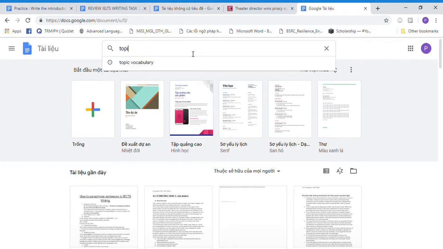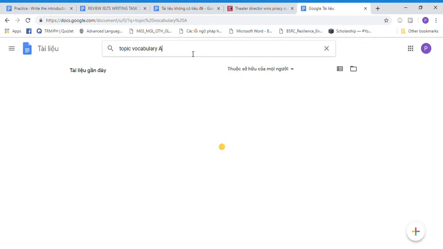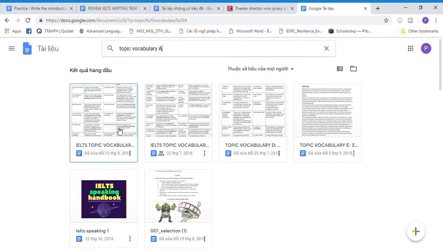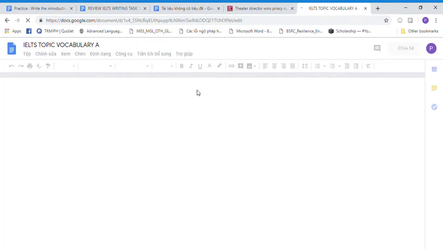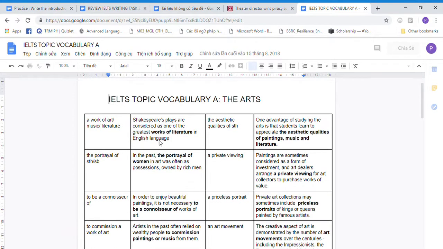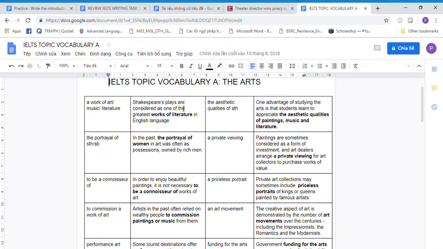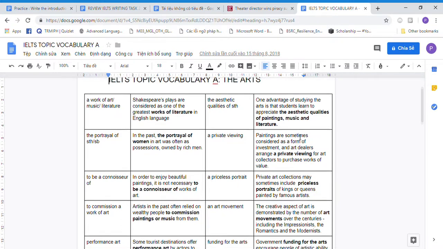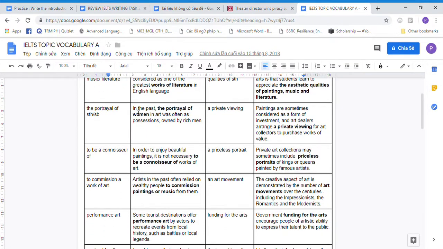For example, in the topic vocabulary A, let's use something like this.